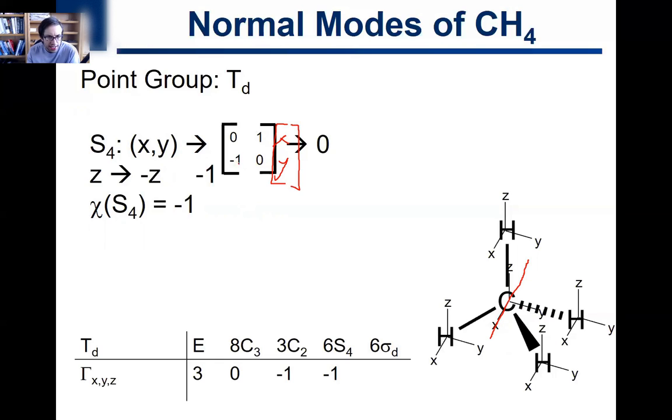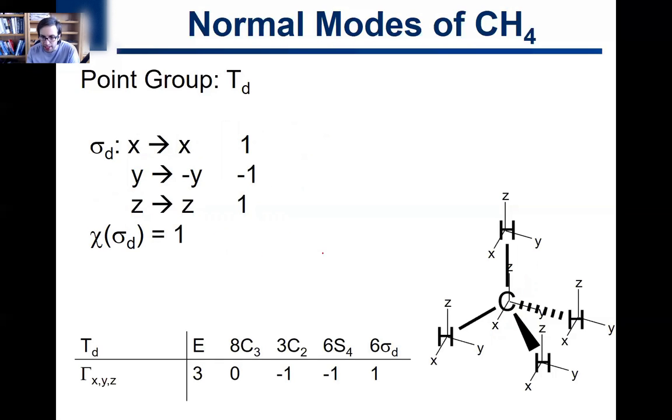And y would go into negative x. So that's what that showed. That portion there is going to get you 0, that 2 by 2 matrix. Z is going to go into negative z because you do a C4 and then you do a sigma h. And so overall, you're going to get the 0 contribution here, negative 1 contribution, giving you a negative 1 value down here.